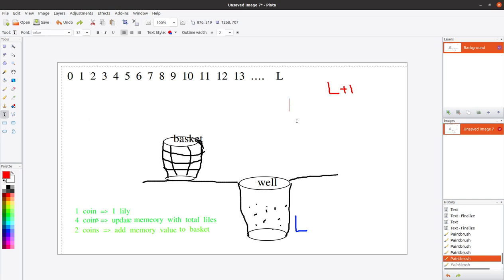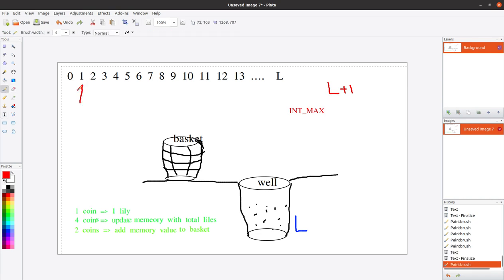All the entries at the beginning contain the value integer max, and now we start at value 1. We ignore 0, we start at 1. What is the minimum number of coins that we need to get 1 lily?